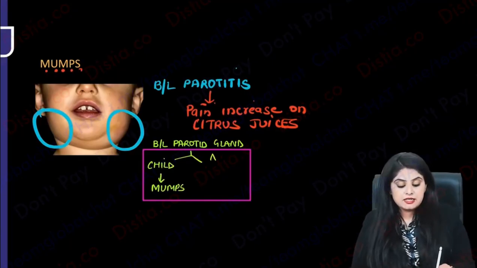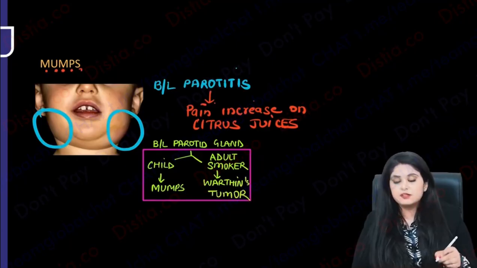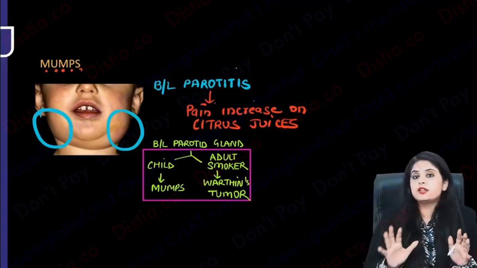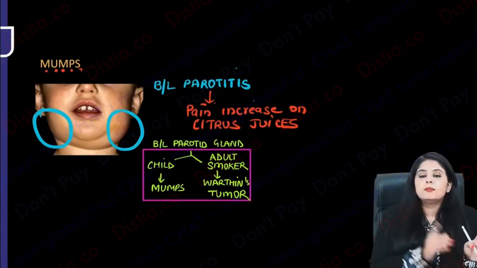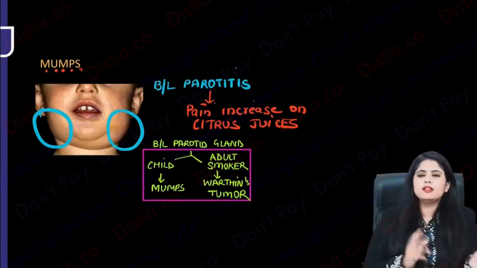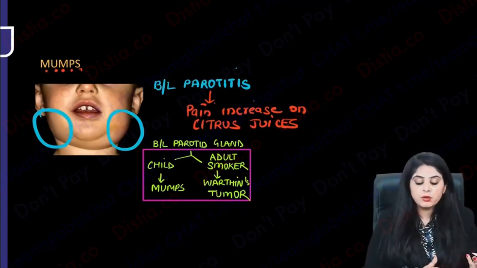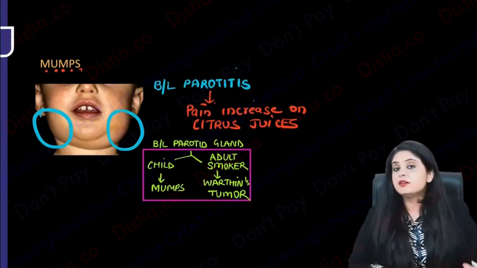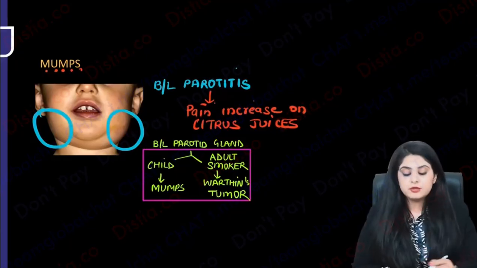If it is an adult and that adult is a chronic smoker, there is a salivary gland tumor you have to think of, and that is Warthin's tumor. I am not saying this is 100% correct. This will definitely not be 100% correct in clinical practice, but for MCQs it will be fine, because clinical practice has variations. That's what the human body is.